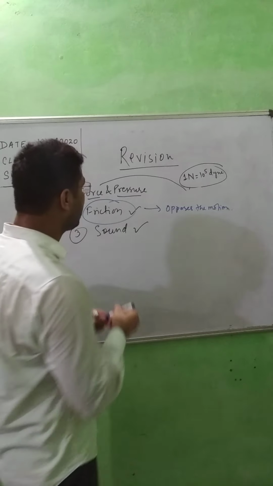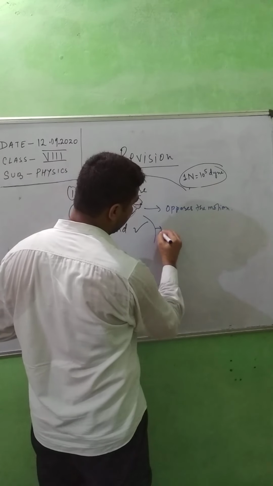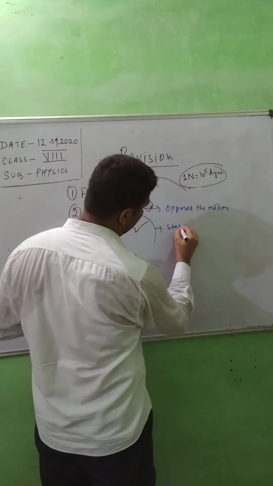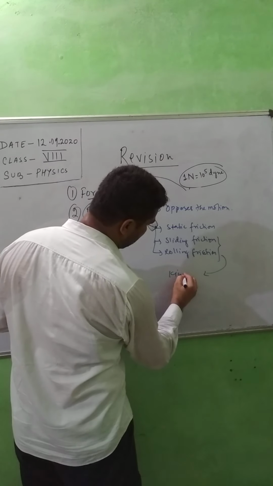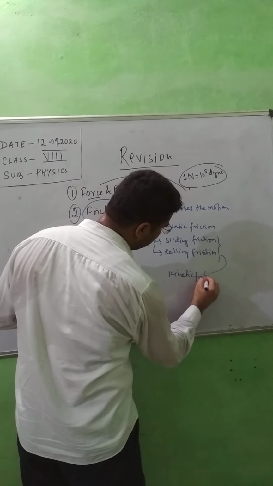External force. And friction is of three types: static friction, sliding friction, and rolling friction. Sliding and rolling are known as combined kinetic friction.